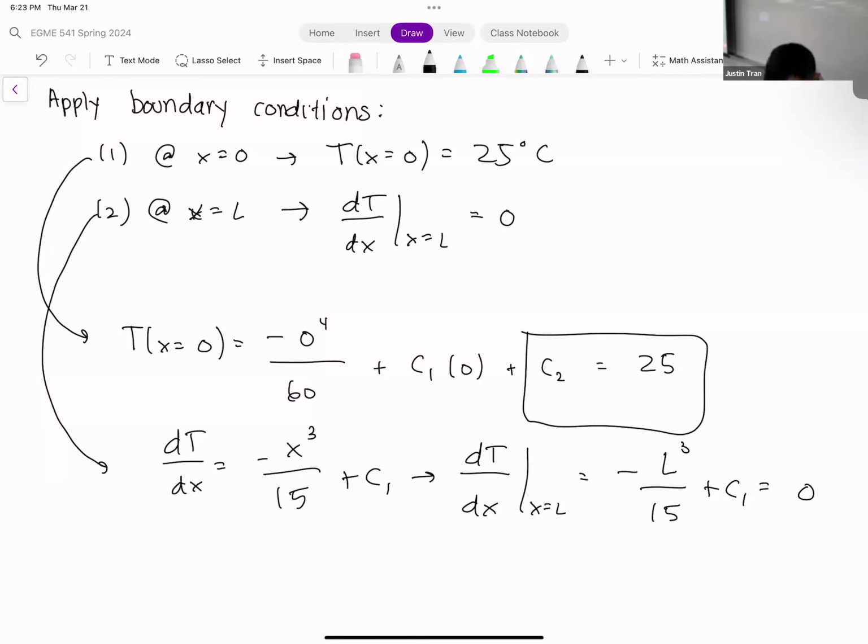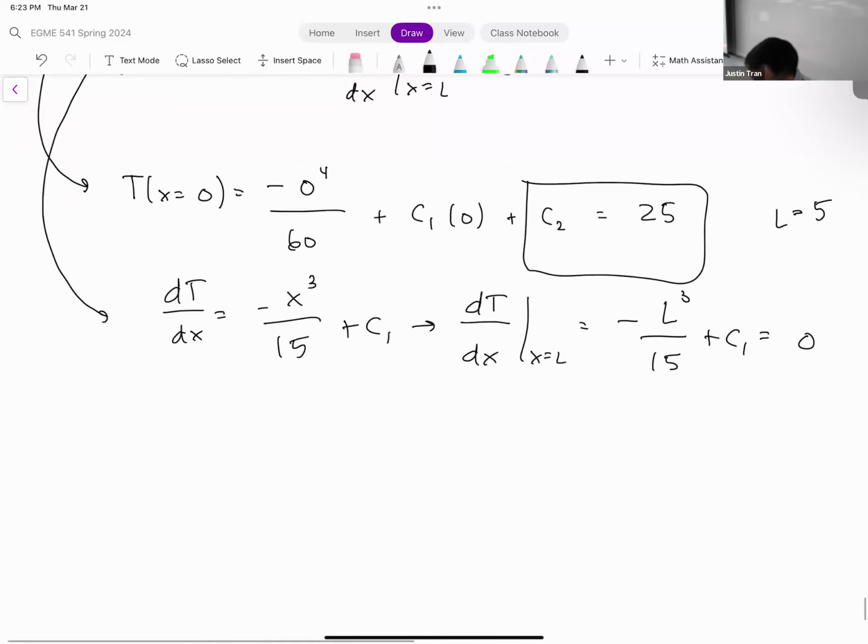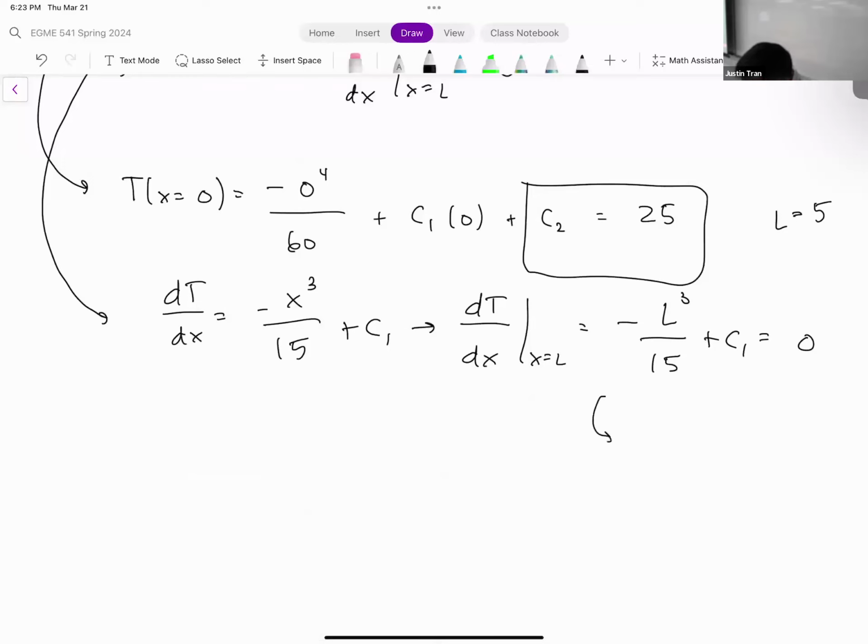That's equal to 0. Okay. We know that L is equal to 5. And so let's go ahead and plug that in. Okay. So we get C1 is equal to 5 cubed divided by 15.